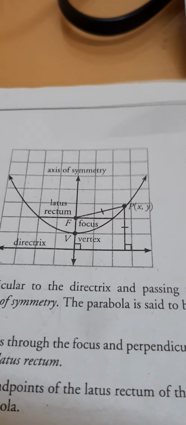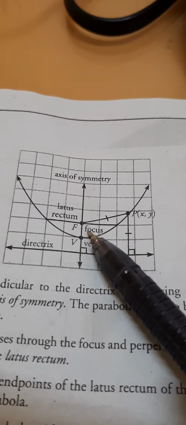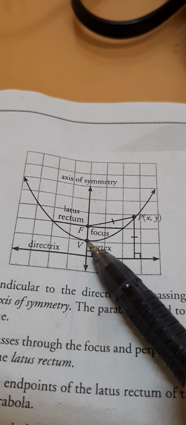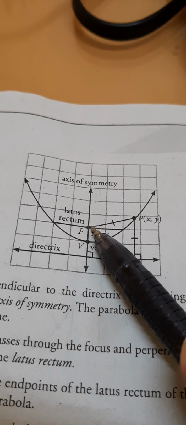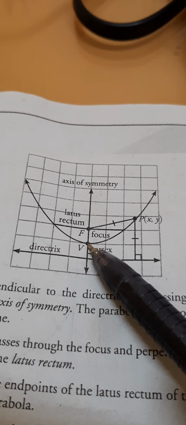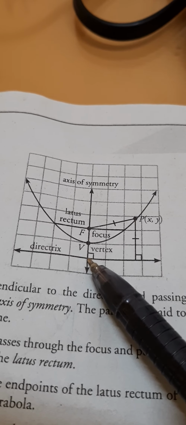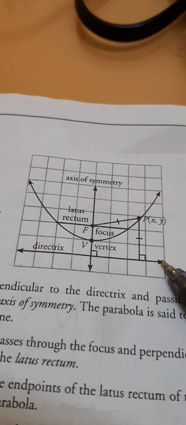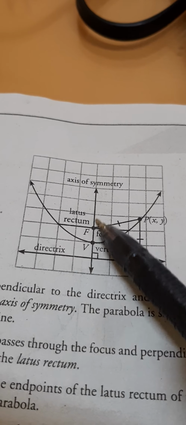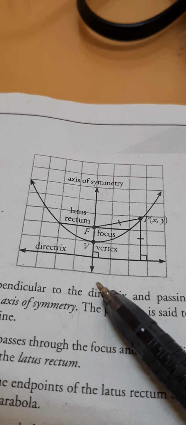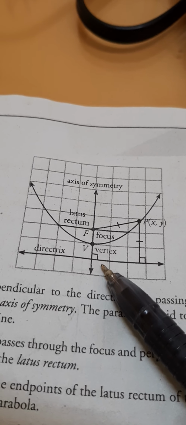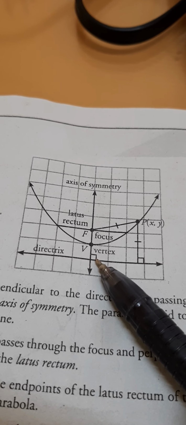The focus is seen here at the opening of the parabola. The distance from the vertex going to the focus is also equal to the distance from the vertex going to the directrix. And take note lastly that if the directrix passes through the axis of symmetry, they are perpendicular. So it follows that they form a 90-degree angle.